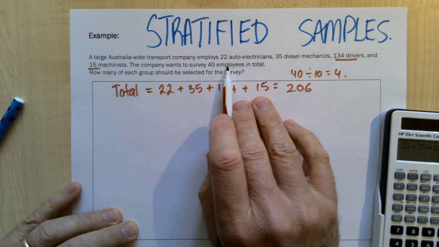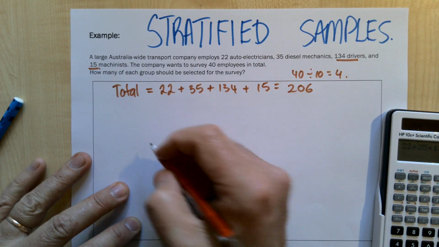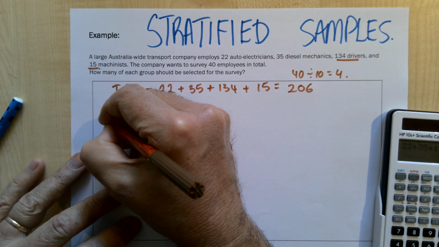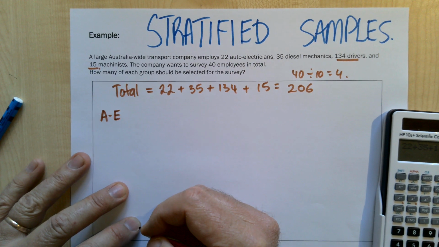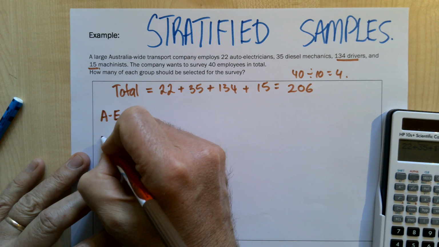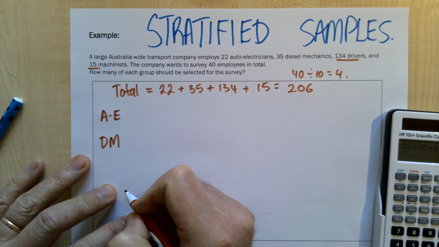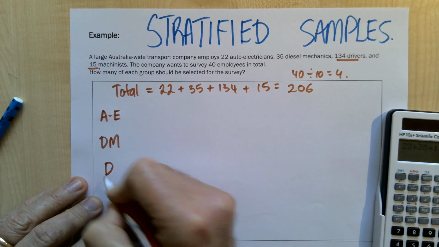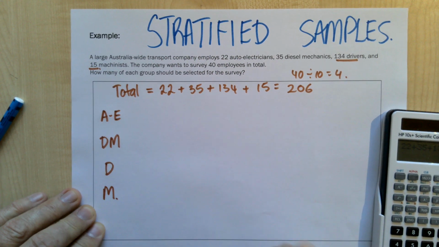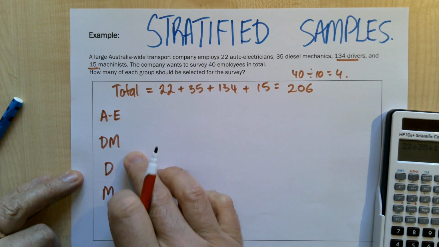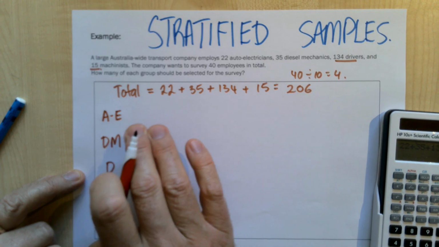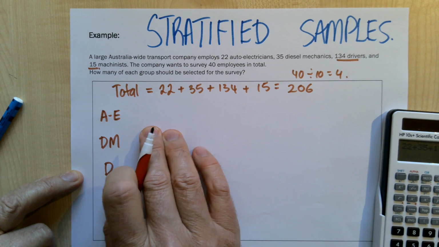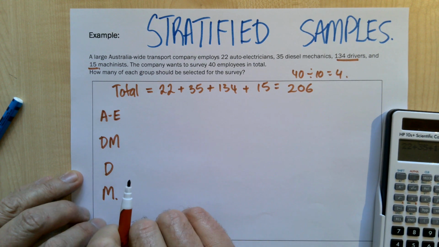Now, you don't need to write the words auto electrician. I'm just going to go AE, that's my auto electricians. My diesel mechanics are going to be DM. The drivers are going to be D, and the machinists are going to be M. You don't need to write the whole thing out, but you do need to tell me in the exam which group you're calculating. All right, it's really important.